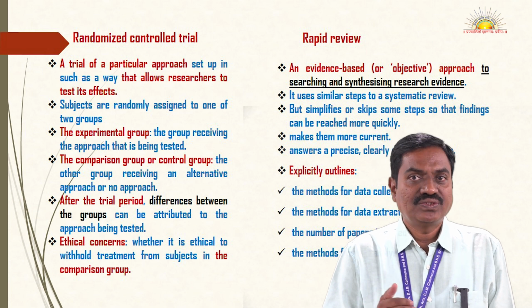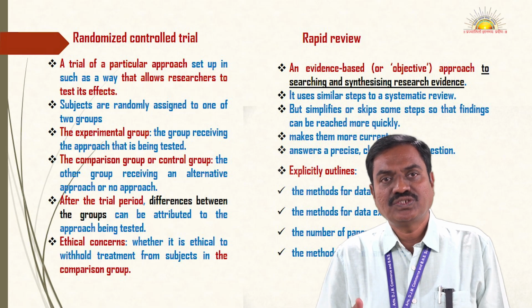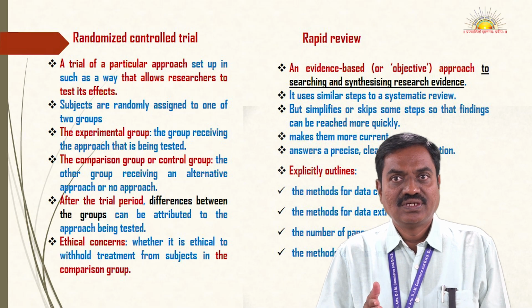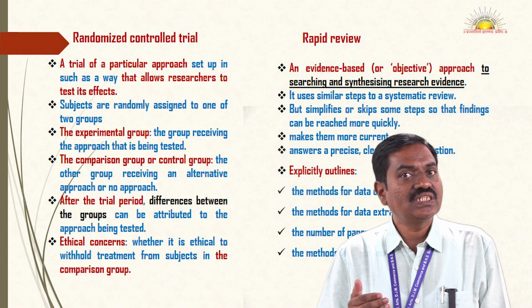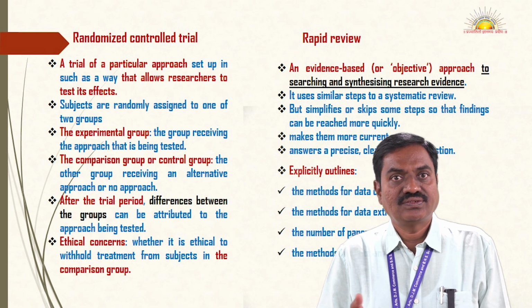Rapid reviews answer a precise, clearly defined question and explicitly outline the methods for data collection, the methods for data extraction, the number of papers included in the review, and the methods for data analysis.